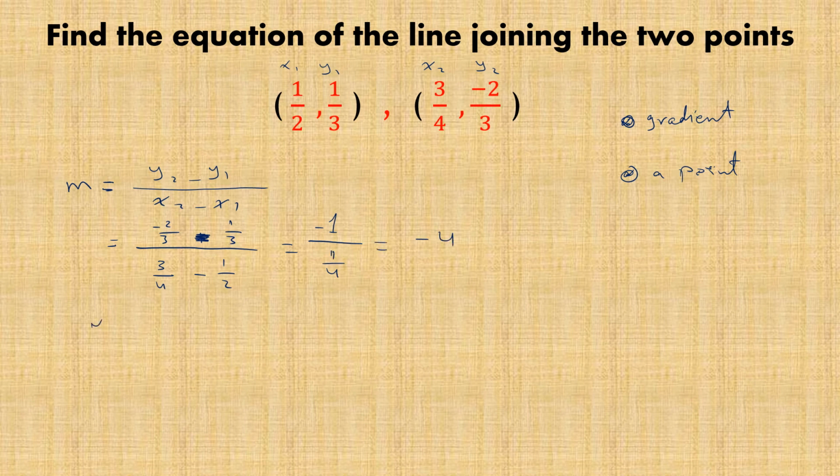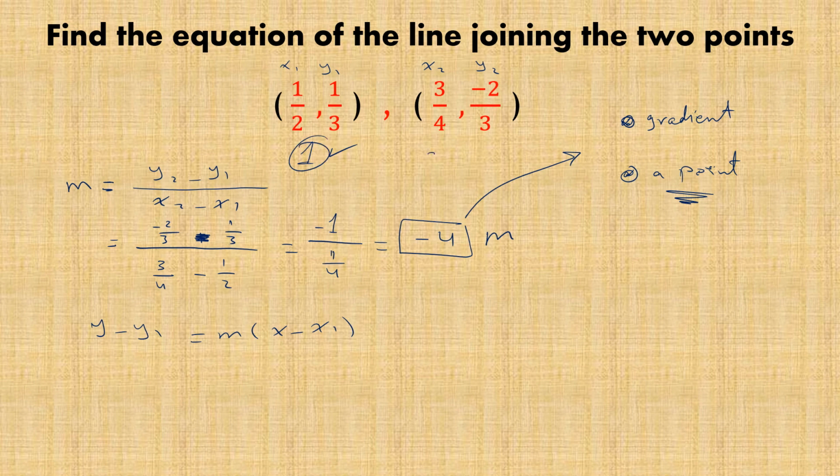In this form, y minus y1 equals m multiplied by (x minus x1). We'll put the information we got: gradient equals negative 4, which is m, and for the point we can choose any one, the first point or the second point. I'll use the first one.